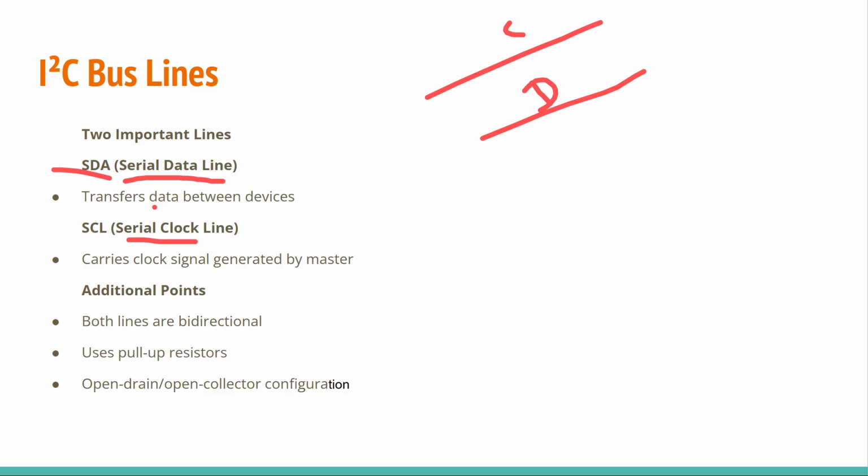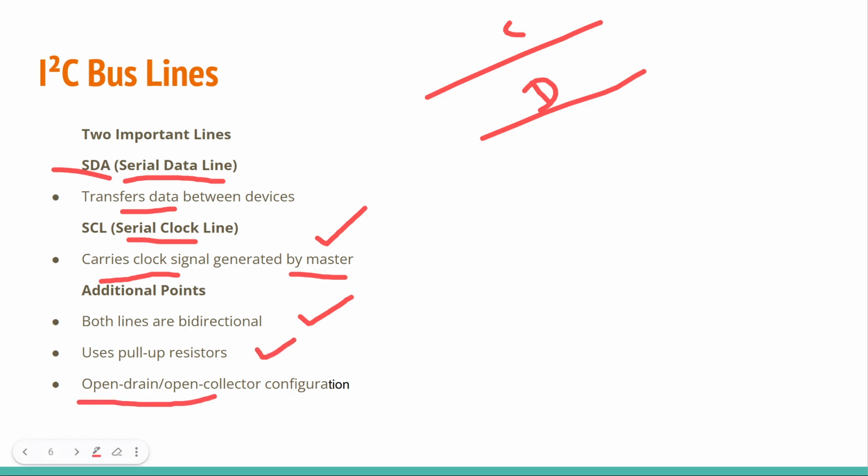The data line is used to transfer the data between the devices. The clock line carries the clock signal, but it is generated by the master. In a master-slave architecture, the master is responsible for generating the clock, and the master is also the one who initiates the transaction.